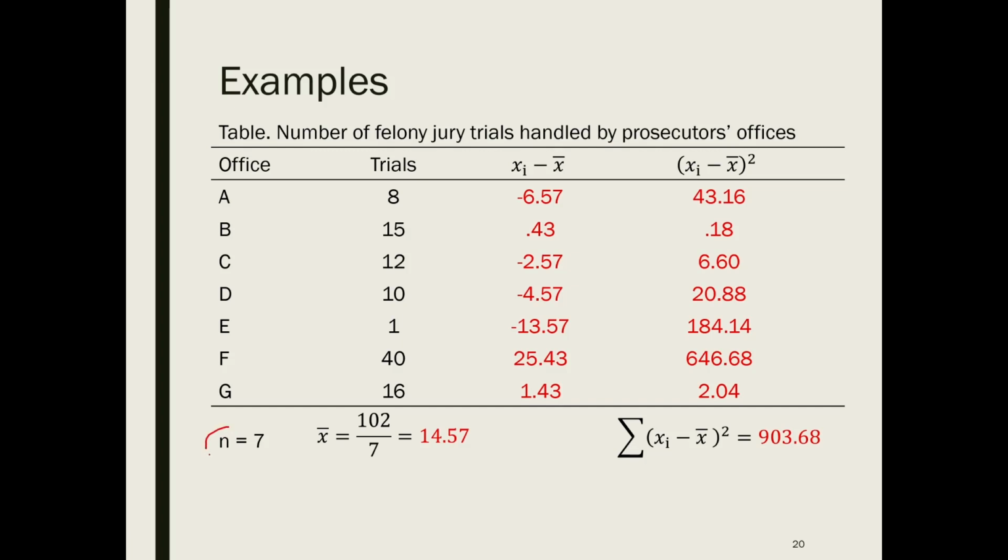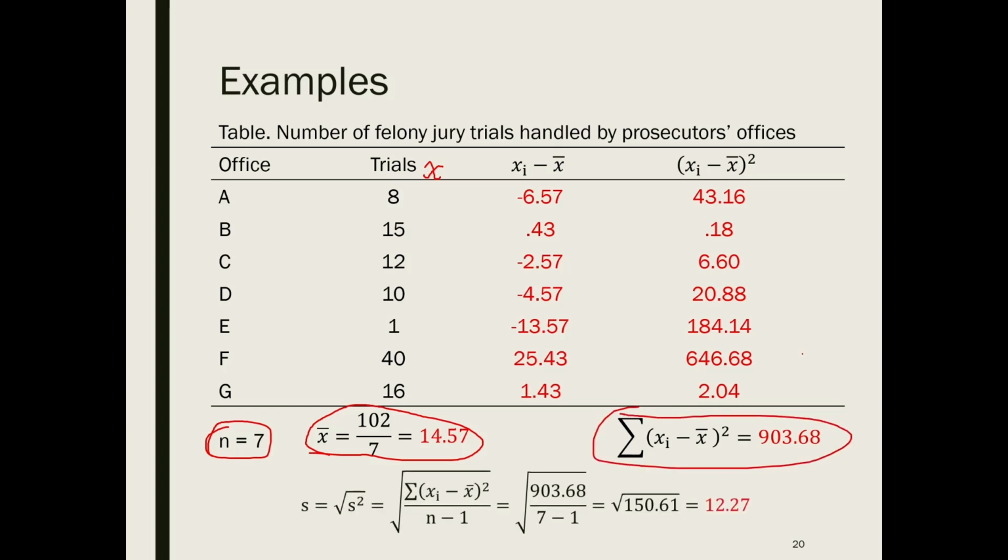We first take a look at how many offices we have, what the sample size is, then we calculate the mean of these numbers, and we take each round number minus the mean, square these deviance scores, and add everything together, right?